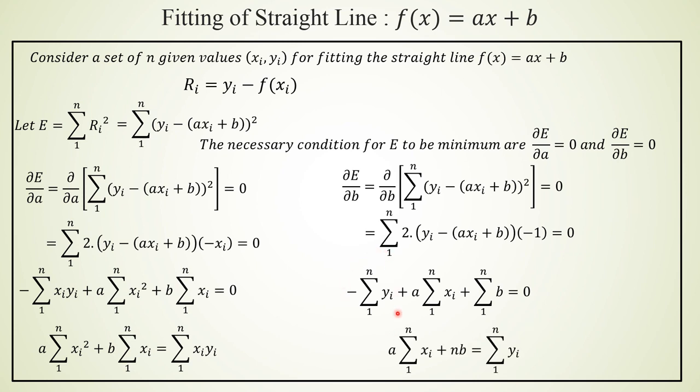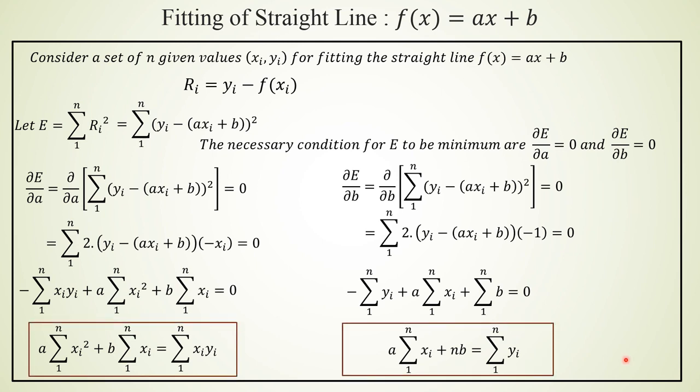Now take this term to the right hand side. So you have a into summation of xi, i varying from 1 to n, plus summation of b n times, that is nothing but n into b, that is equal to summation of yi, where i is varying from 1 to n.